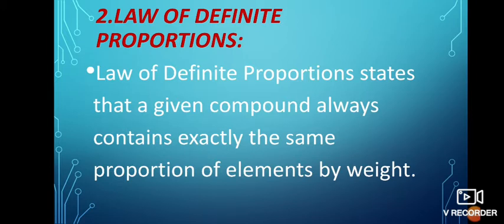Now the second law is law of definite proportions. This law states that a given compound always contains exactly the same proportions of elements by weight. For example, carbon dioxide can be obtained by any method. When carbon and oxygen react, it gives carbon dioxide.